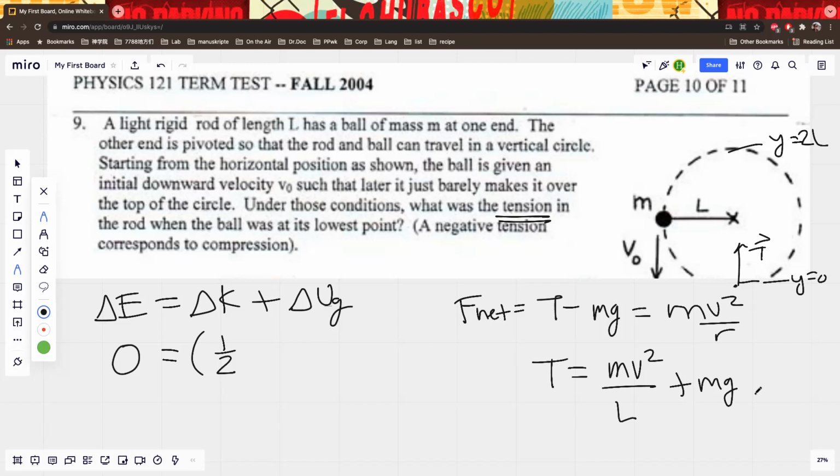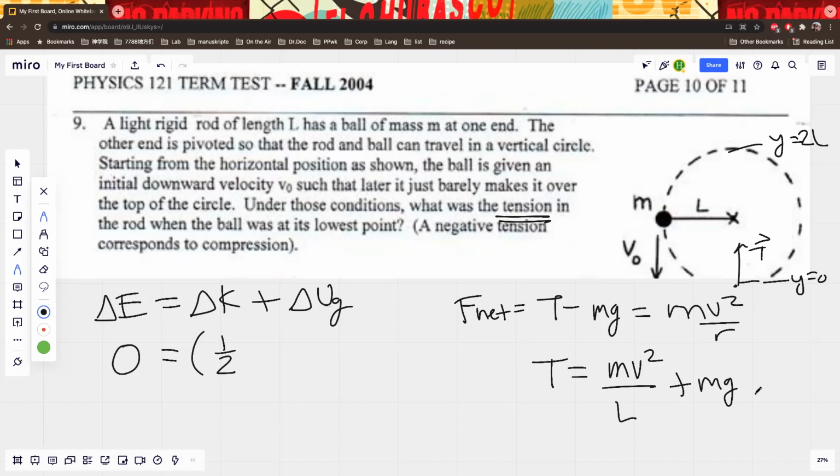Okay, so we know L, we know gravity, we know mass, but V, velocity... So I guess we need to find that velocity. And so I guess we could just go back to the equation we first did and then find it there.